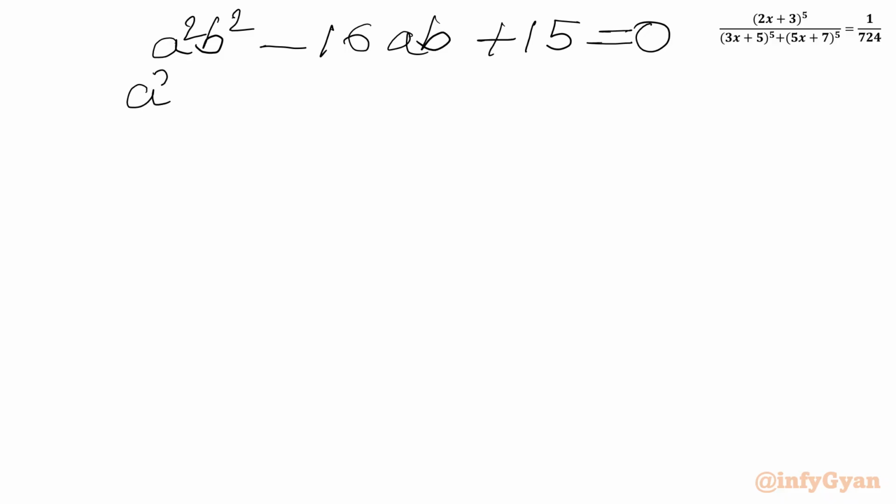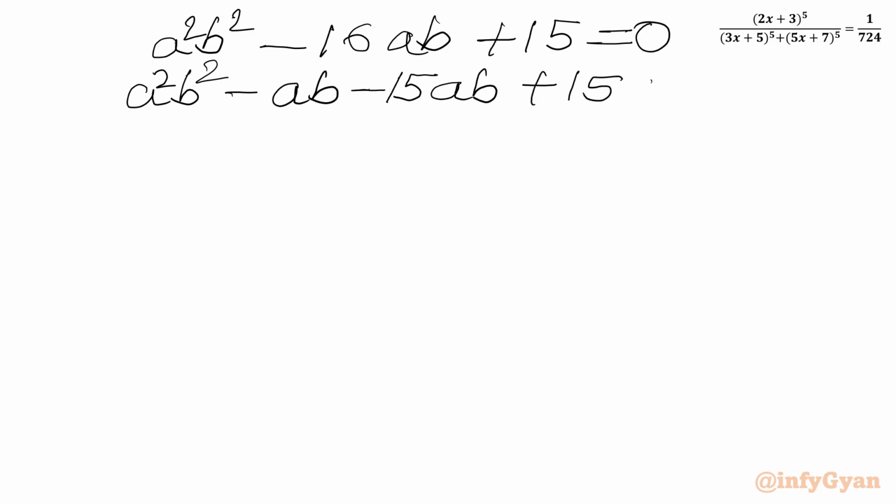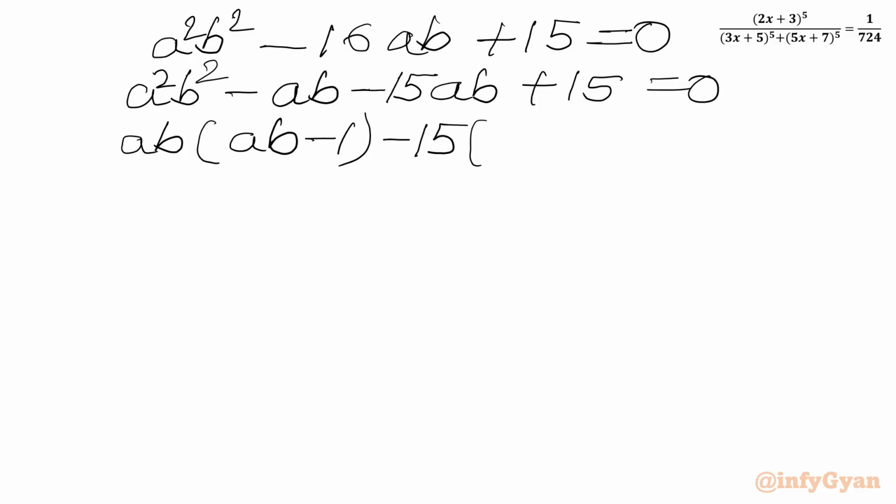I can write A square B square. Now I will split minus 16 as minus AB minus 15AB plus 15 equal to 0. Now from first two terms AB is common. We will get AB minus 1 in the bracket. From last two we will take negative 15 common.